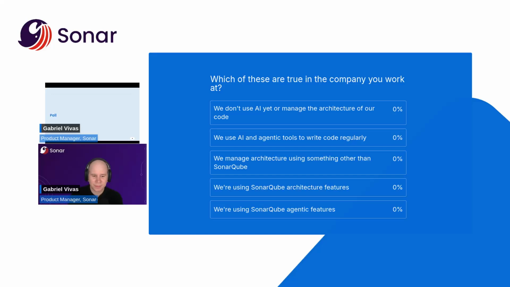So AI and agentic code use regularly. Hey, you're already using architecture features. That's great. Okay, seems to be stable now. It's very cool. Thank you for participating in that quick poll. Should we move on?